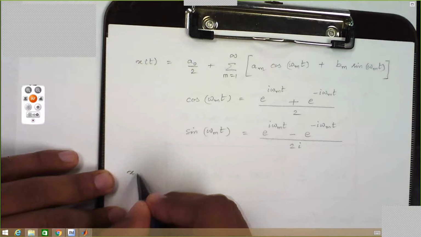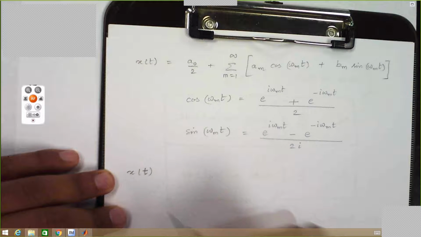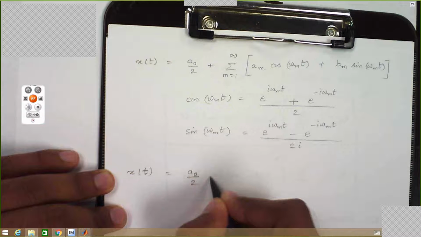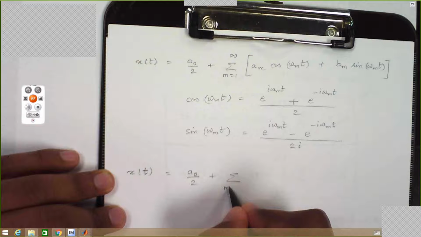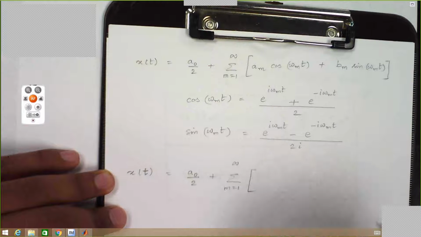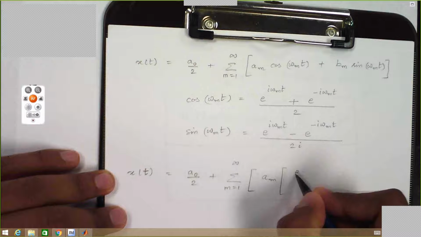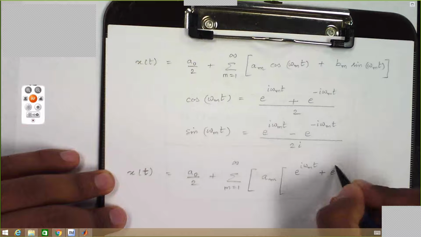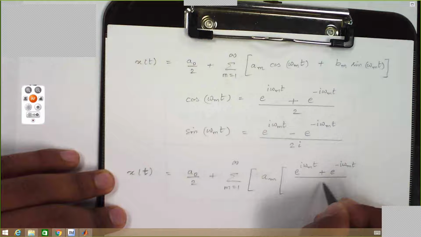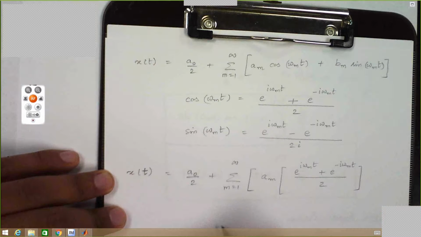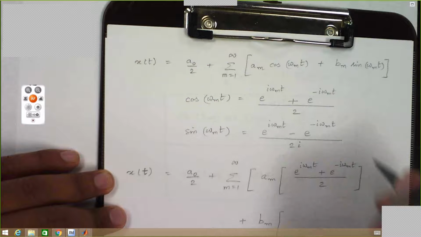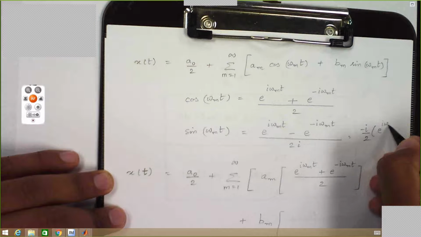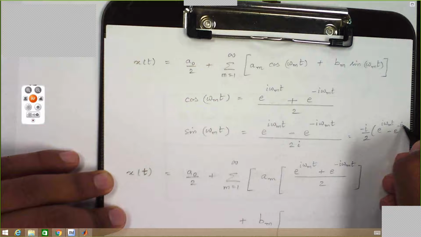So now our x of t, upon substitution of these two into the Fourier series, gives us a0 by 2, no change in that, plus summation m equals 1 to infinity of am times e to the power i omega m t plus e to the power minus i omega m t over 2, plus bm, and we'll use the alternate form, which is minus i over 2 times e to the power i omega m t minus e to the power minus i omega m t.